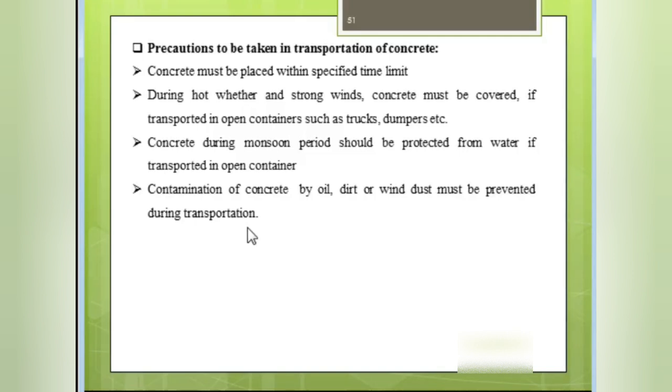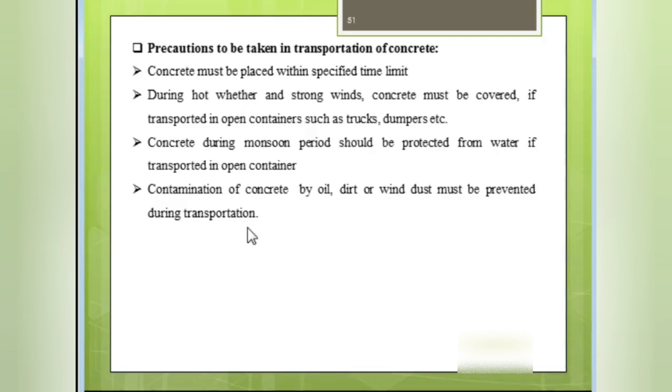So in such cases, if your concreting site is far away from your RMC plant, you have to measure that time, and according to that you have to keep the water cement ratio so that the concrete will not set before it reaches your placement site. That's why time is very important.